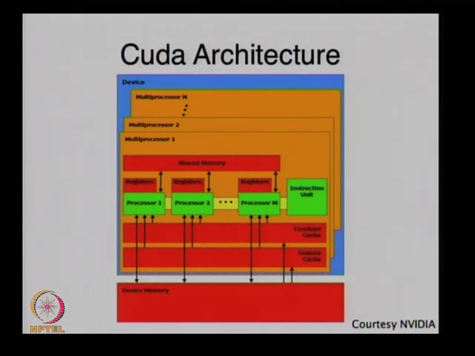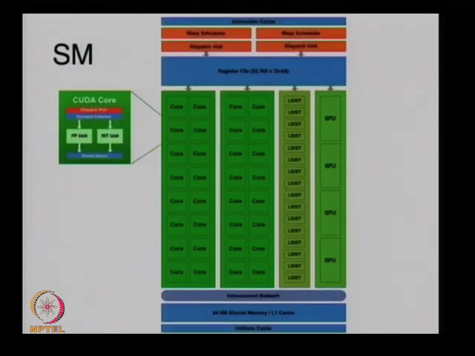They're in lockstep effectively, and they're working on the same instruction for multiple pieces of data. Okay, here is a slightly more detailed version of one of these multiprocessors. There is a bit of instruction cache. There is this notion of a warp, which is the set of things that get executed together on a SIMD unit.